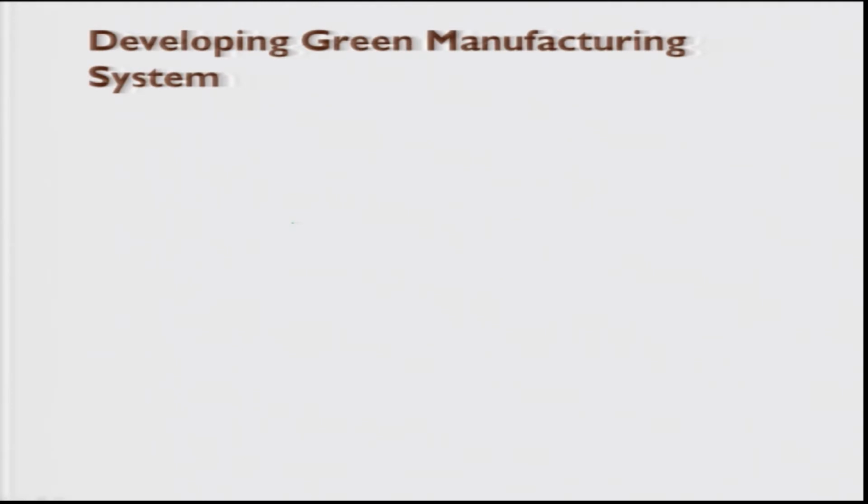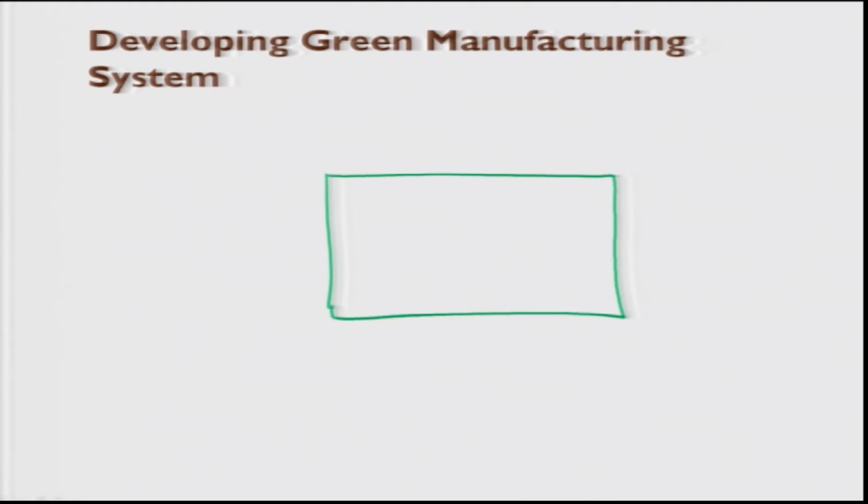In the first step, we need to identify the status. Now, in this case, I am trying to identify the status of my overall facility, my manufacturing concern. So, I am talking about the system.